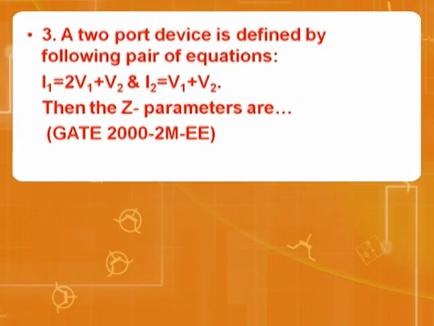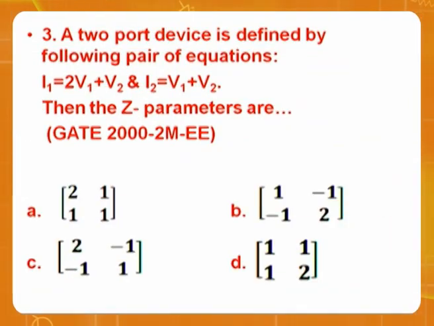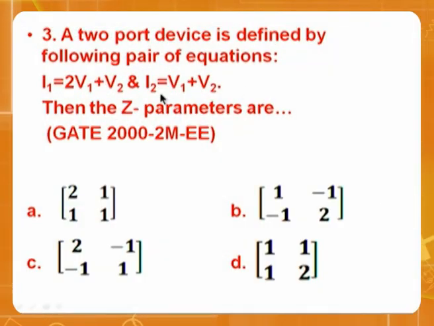Then let's go to question number 3. A two-port device is defined by the following pair of equations: I1 equals 2V1 plus V2, I2 equals V1 plus V2. Then the Z parameters are, this is given in GATE, and options are here. The answer is very simple. The two equations given to you give Y parameters directly. When Y parameters are directly available, you can just calculate Z parameters by inverse.